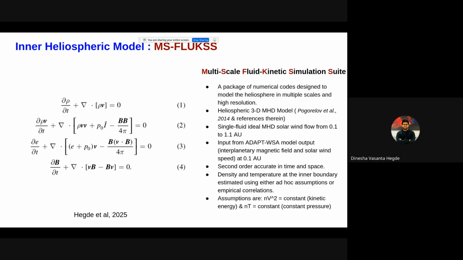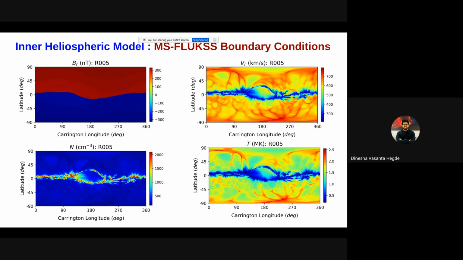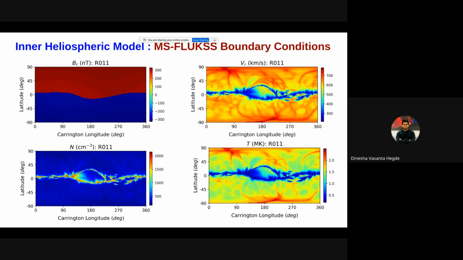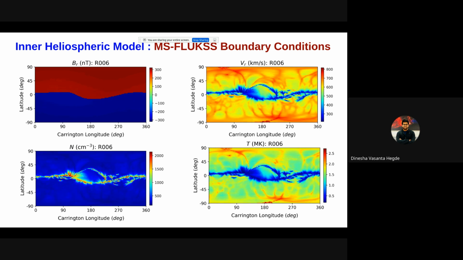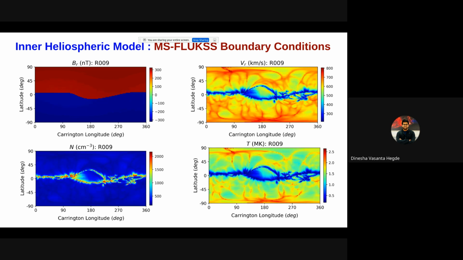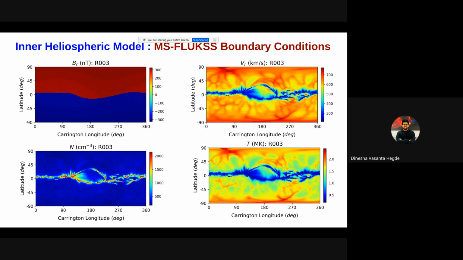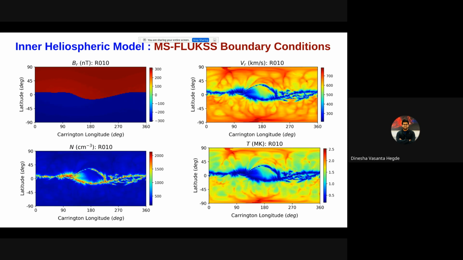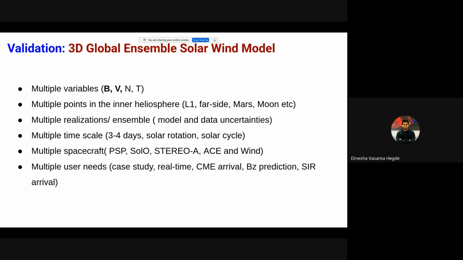This is overall how the boundary condition looks when I change the photospheric ensemble members in the corona. All four boundary conditions are like this: radial velocity and density are anti-correlated, and the temperature is most correlated with the velocity. And this is what we feed to the MHD model.